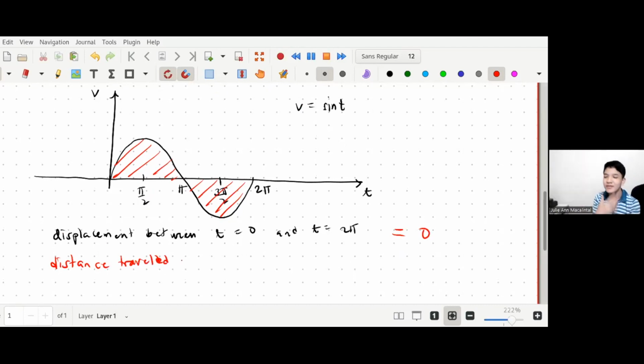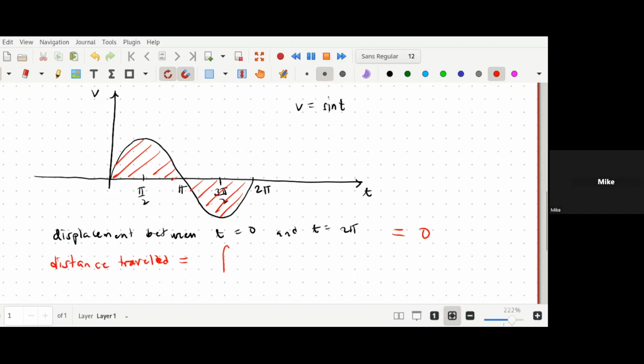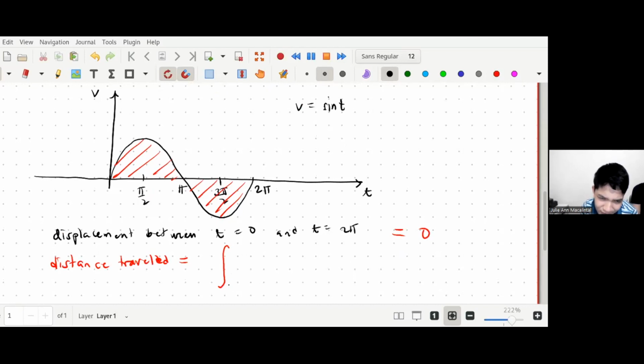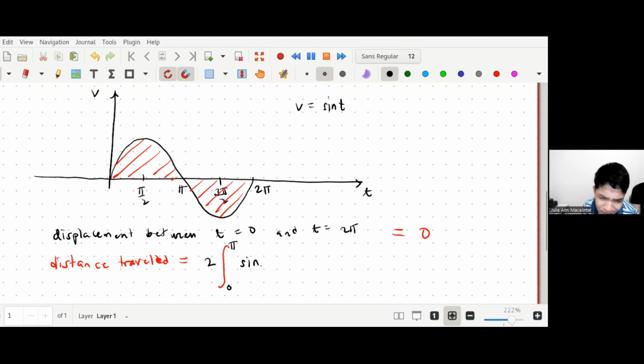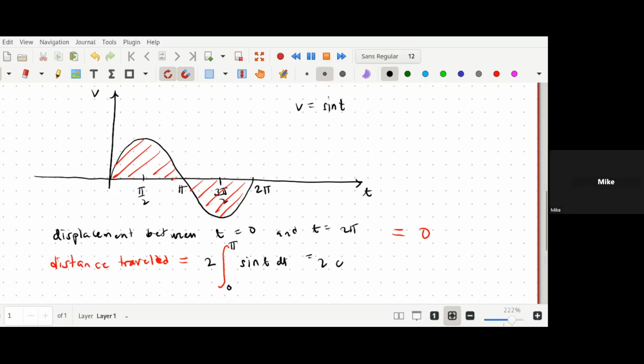Two times the integral from 0 to pi of sin t dt, which is negative cosine t from 0 to pi, or negative cosine of pi is negative 1, minus 1, or this is negative 2, so positive 4. Okay na?